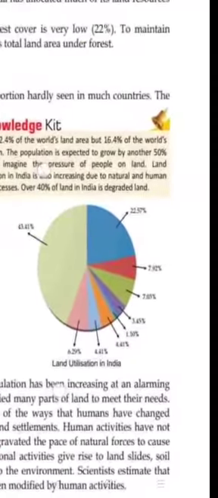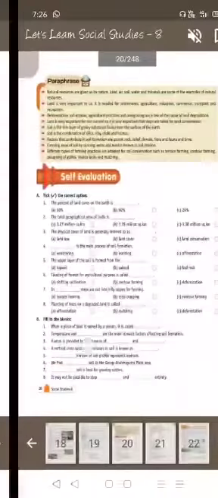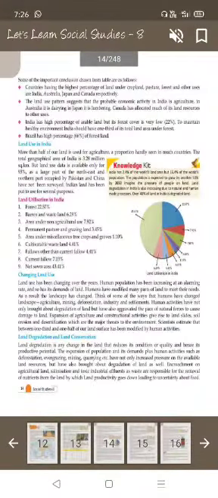As you can see here: forest 22.57%, barren and wasteland 6.29%, area under non-agricultural use 7.92%, permanent pasture and grazing land 3.45%, area under miscellaneous tree crops and groves 1.10%, cultivable wasteland 4.41%, current fallow 7.03%, net sown area 43.41%.